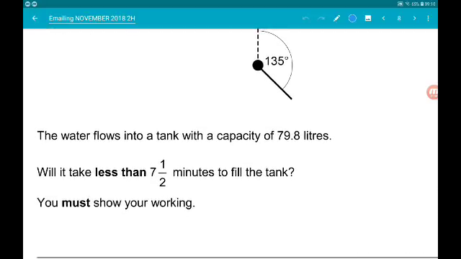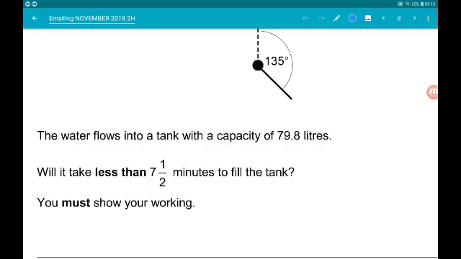The water flows into a tank with a capacity of 79.8 litres. Will it take less than 7.5 minutes to fill the tank? You must show your working.